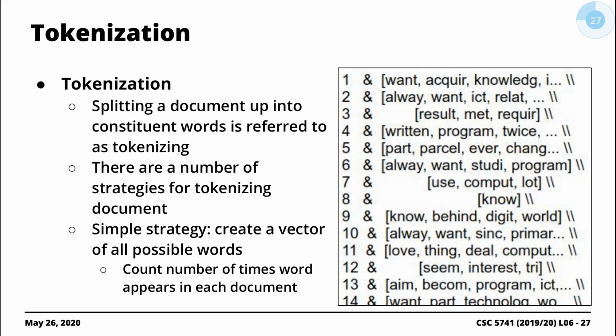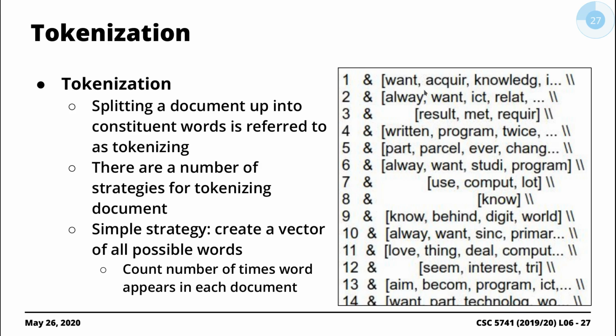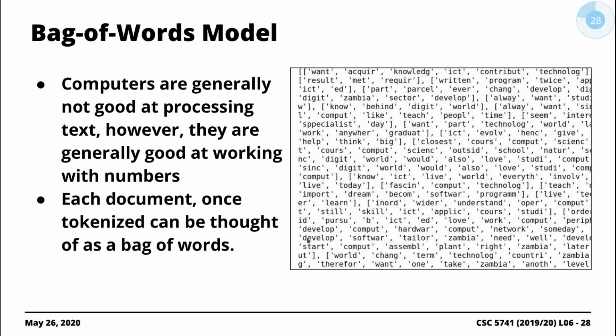So the reason we are tokenizing our corpus is so we get to a stage where we can associate numbers to the individual words or tokens, right? And once you tokenize a document, each document can be thought of as a bag of words, essentially composed of terms with associated frequencies, right?